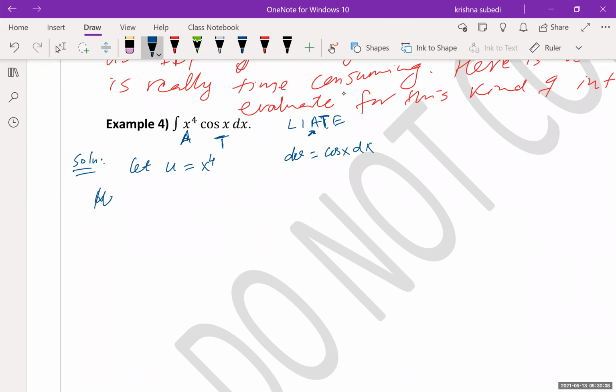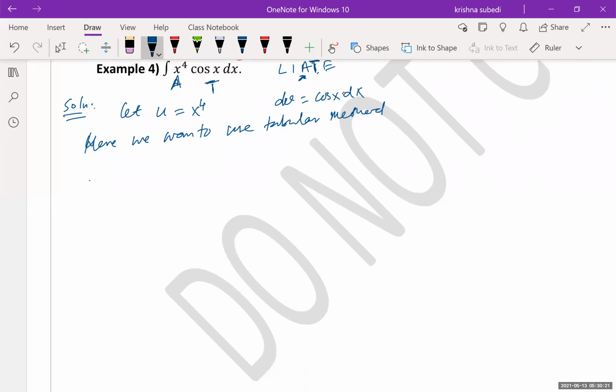So here we want to use the tabular method. In the tabular method, you make a table. First one will be the sign.